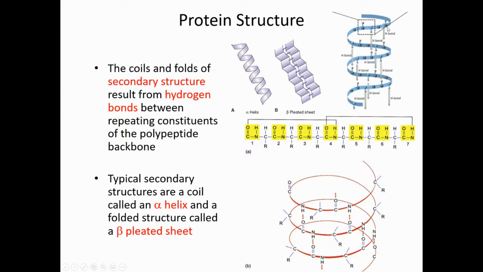Every four amino acids, they form this hydrogen bond, hydrogen bond, hydrogen bond. And here, just to show you, the NH and the CO form this hydrogen bond so that they can have this alpha helix structure.